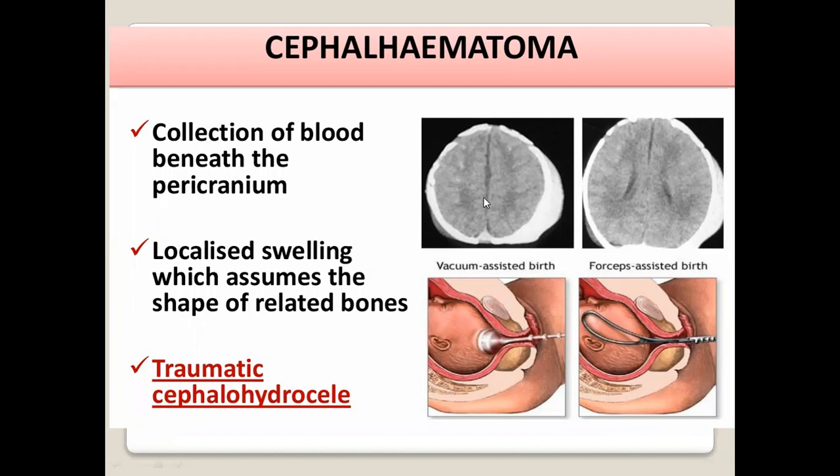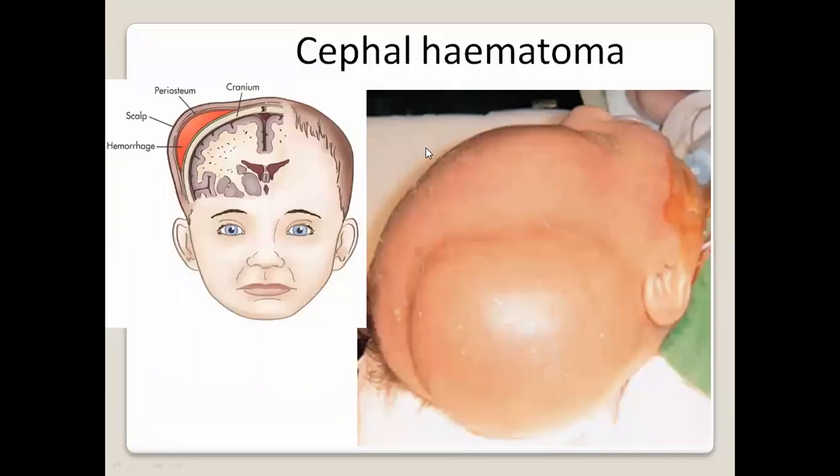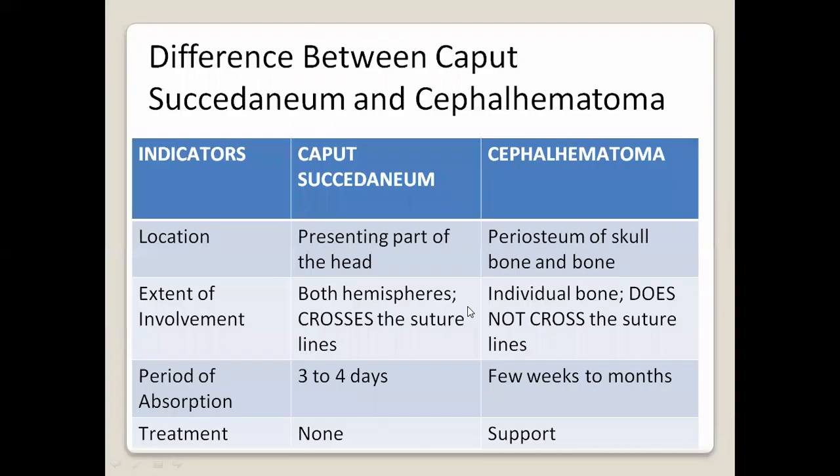At this point, you have to note the difference between cephalhematoma and caput succedaneum. Cephalhematoma is an accumulation of blood in the pericranium layer. It is limited to only one side of the skull. But the caput succedaneum can be on either side, and it is located in the presenting part of the head, that is the vertex.